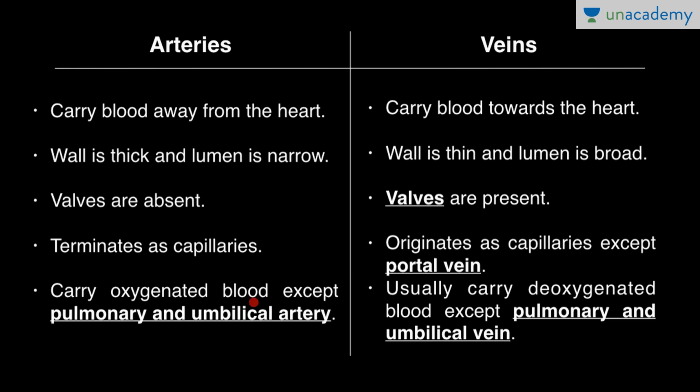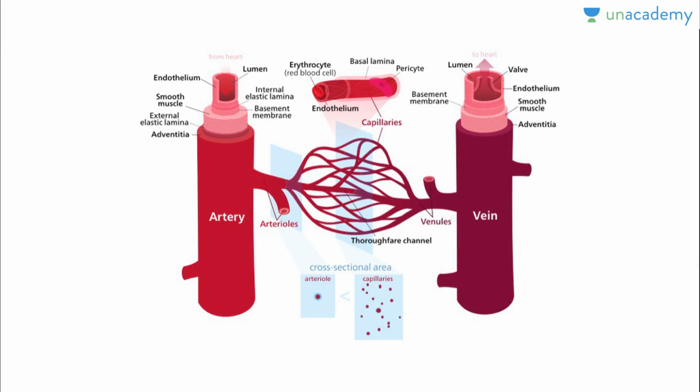Now arteries carry oxygenated blood except the pulmonary and umbilical arteries, because these two arteries carry deoxygenated blood, and similarly veins usually carry deoxygenated blood except the pulmonary and umbilical veins, which carry oxygenated blood. Now this picture is depicting the difference between artery and vein. First of all, the valves are present in veins and they are absent in arteries. Second, see the lumen.